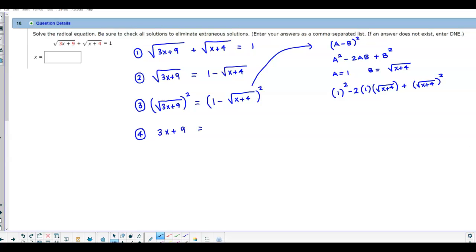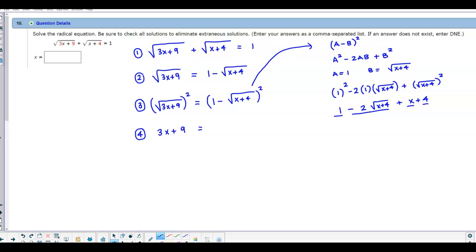Now when we square the 1, we get 1 minus 2 times 1, which is 2, times the square root of x plus 4, plus when we square the radical here, we end up with x plus 4. Okay, so we have one term, there's our second term, there's our third term, and there's our fourth term.